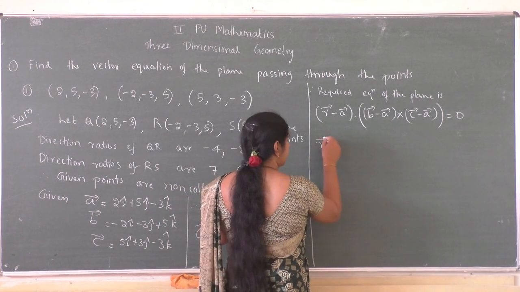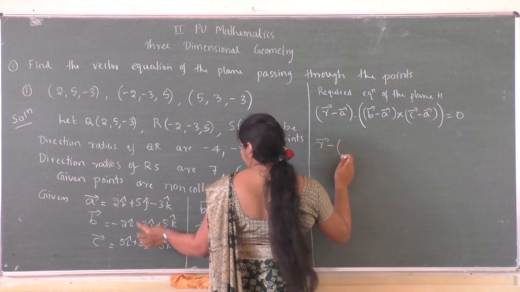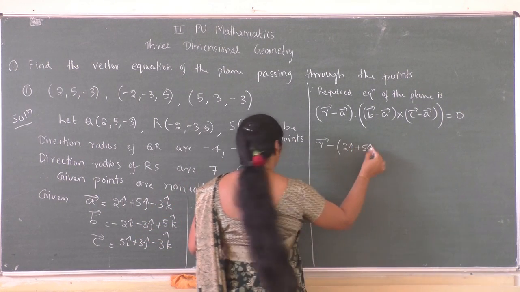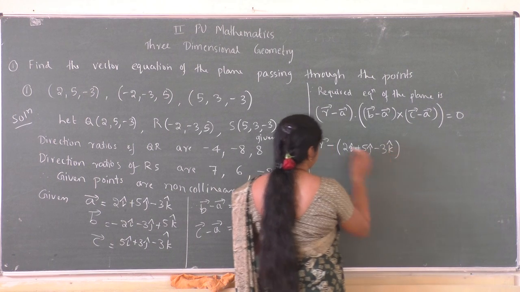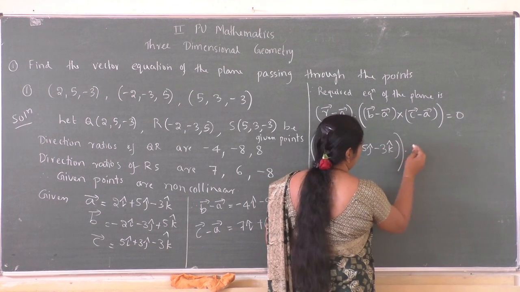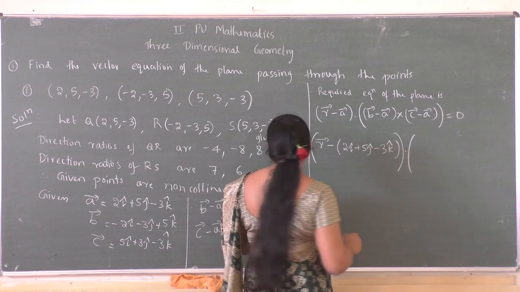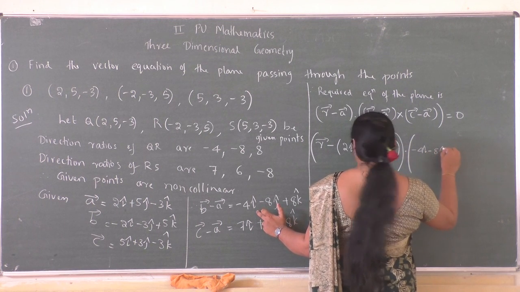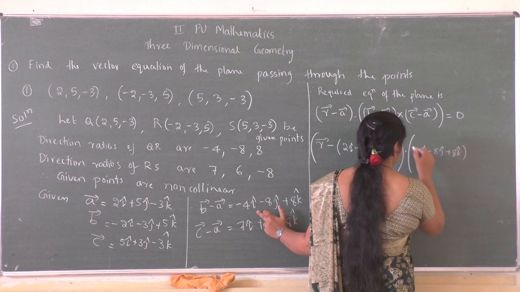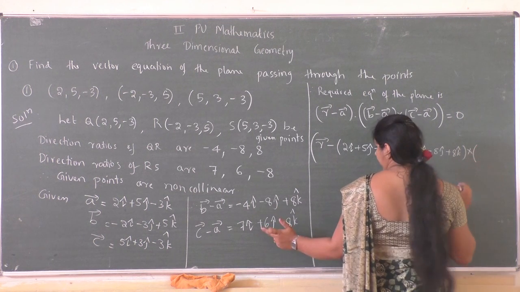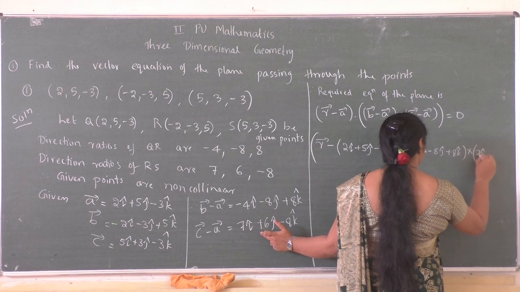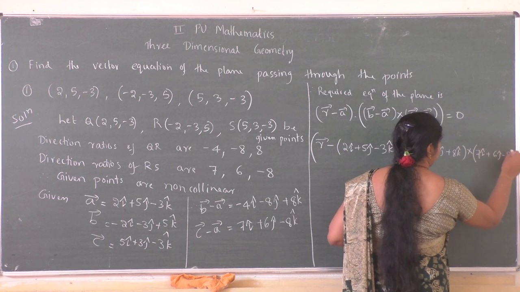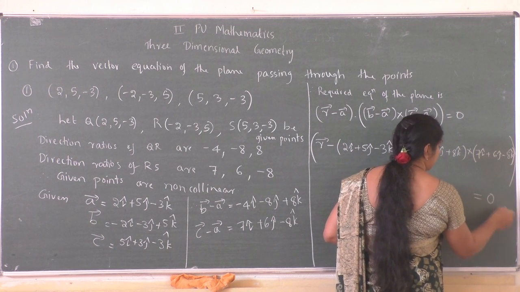So this is R vector as it is, minus A vector, which is 2i cap plus 5j cap minus 3k cap, dot B vector minus A vector, that is minus 4i cap minus 8j cap plus 8k cap, cross C vector minus A vector, that is 7i cap plus 6j cap minus 8k cap, so this thing equal to 0.